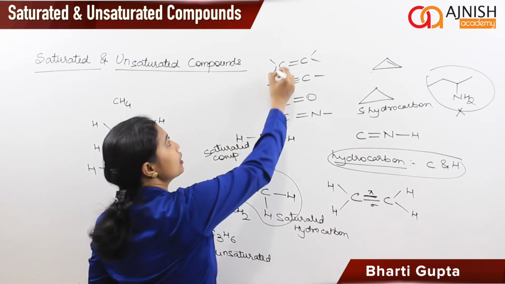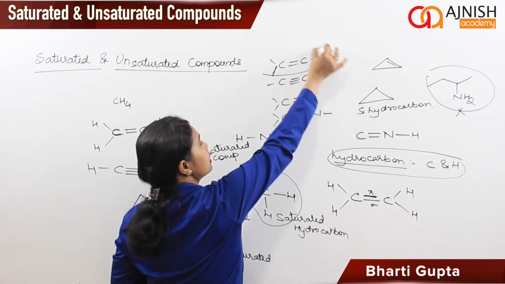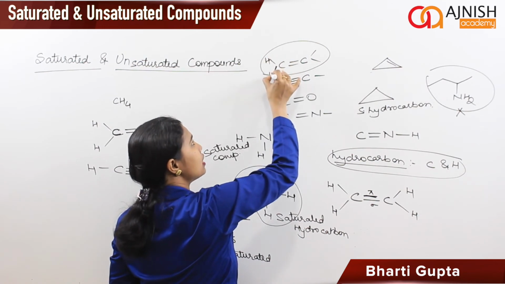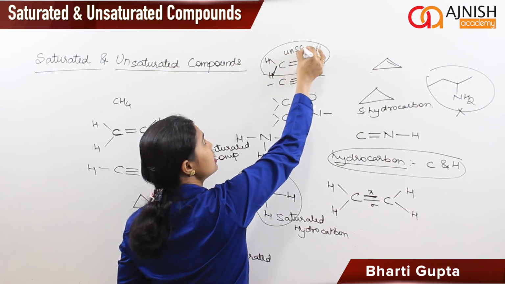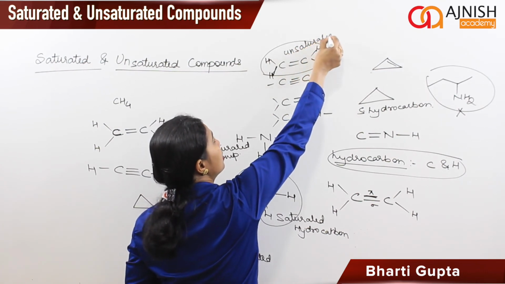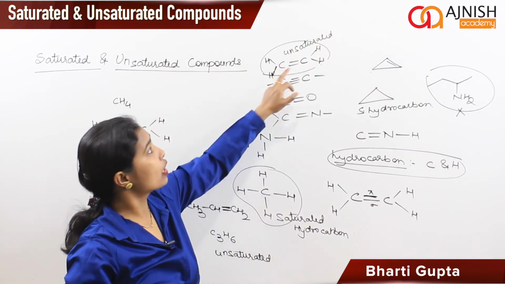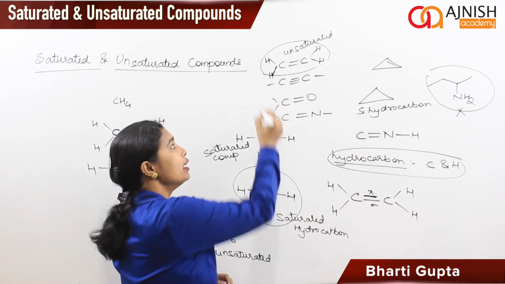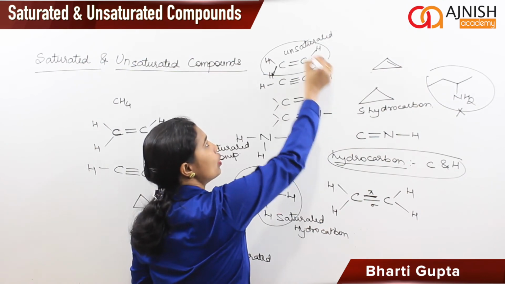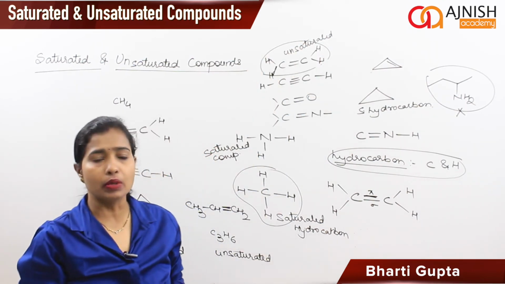Now suppose here, if we place the remaining valencies with hydrogen, this is a hydrocarbon and this is an unsaturated hydrocarbon. We are saying it is a hydrocarbon because here there is only carbon and hydrogen. Here if we place hydrogen atoms, this is also an unsaturated hydrocarbon.